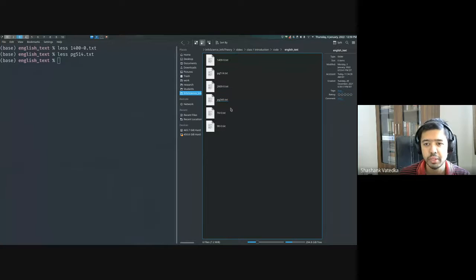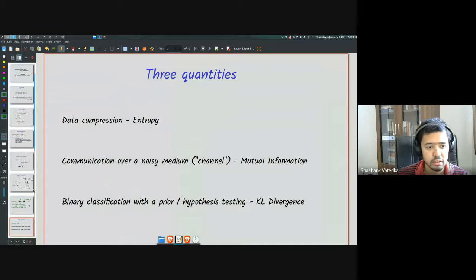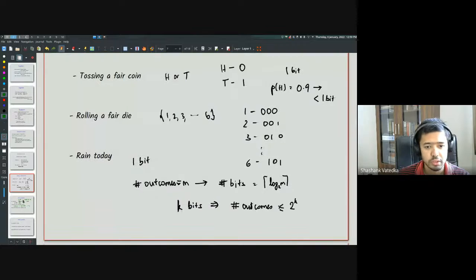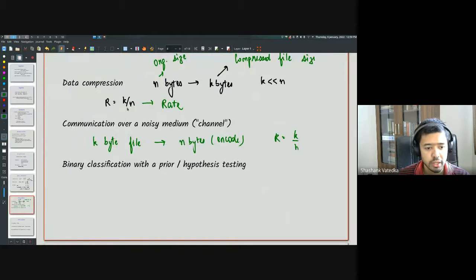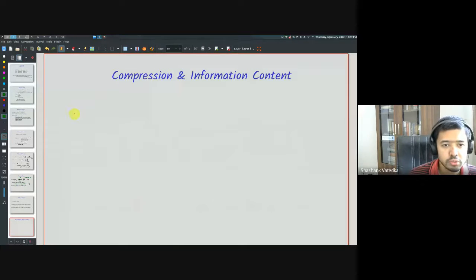So let me try to compress each of these files and compute the quantity, the rate that I had defined, K over N. Let's try to compute the ratio of the compressed file size to the original file size.